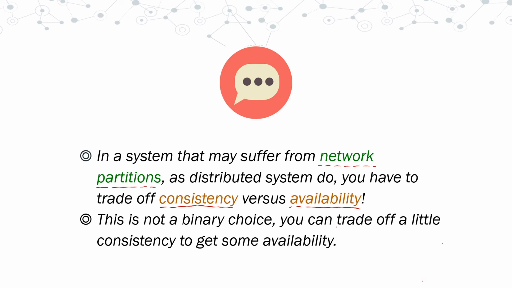Actually, we can trade off in the sense that we can reduce some degree of consistency to get some more availability. So these can be balanced a little bit. If we can tune this to get less availability but more consistency, or less consistency but more availability, it should not be the case that the system is totally unavailable and totally inconsistent.